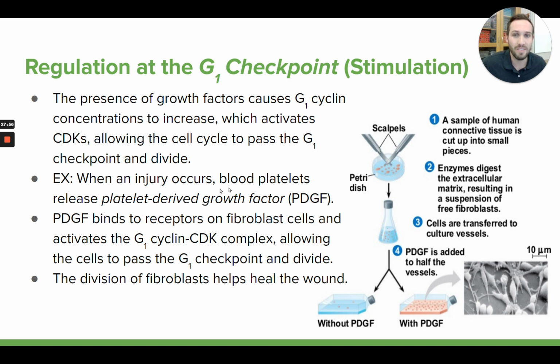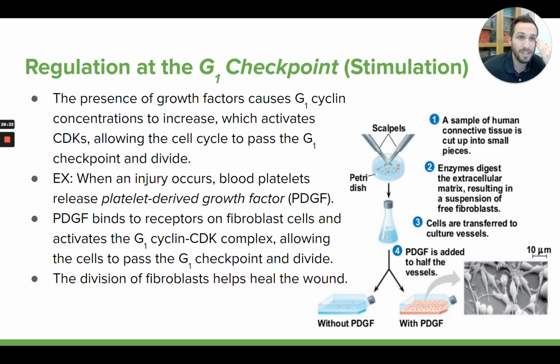And there's a specific type of growth factor called platelet-derived growth factor that actually will bind to special cells called fibroblast cells and cause those cells to get past the G1 checkpoint. So this PDGF, this platelet-derived growth factor, when your blood vessels are cut or injured, these PDGFs will be released.